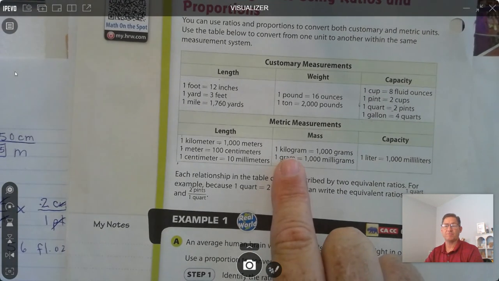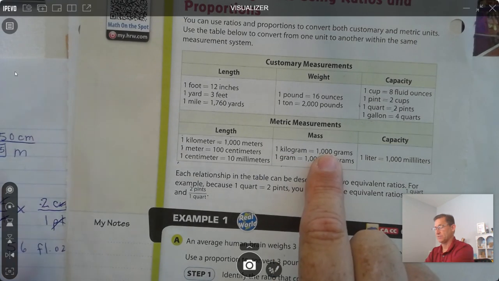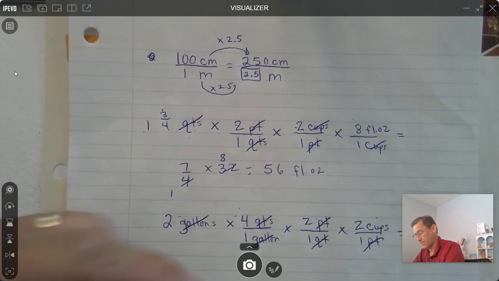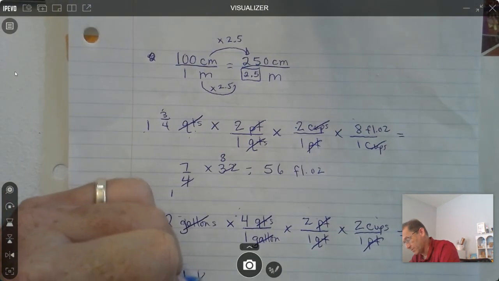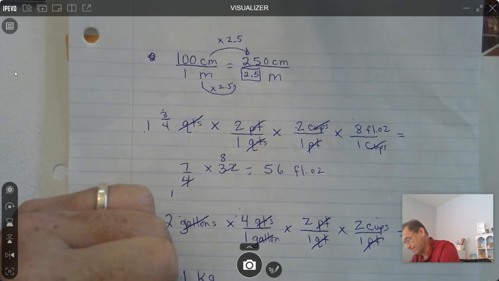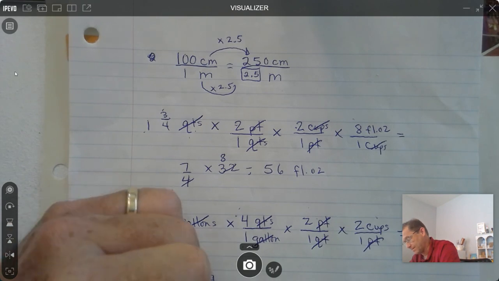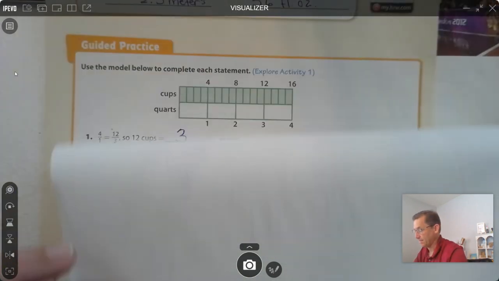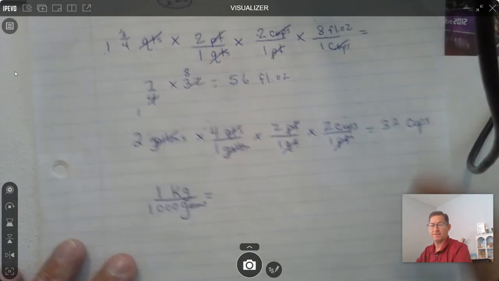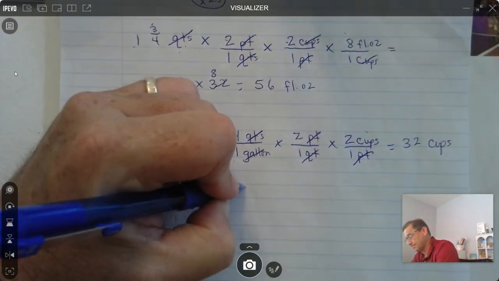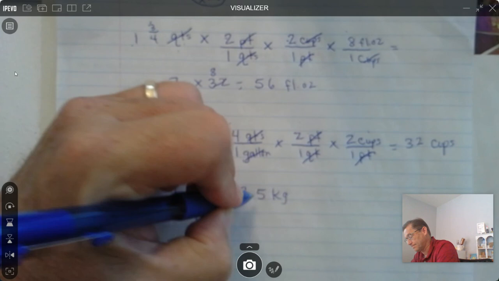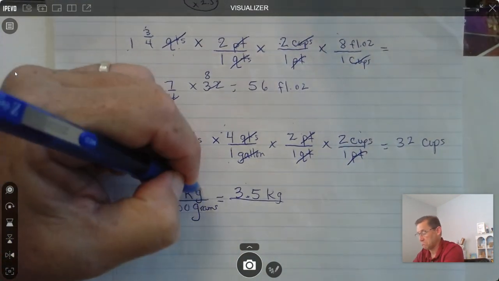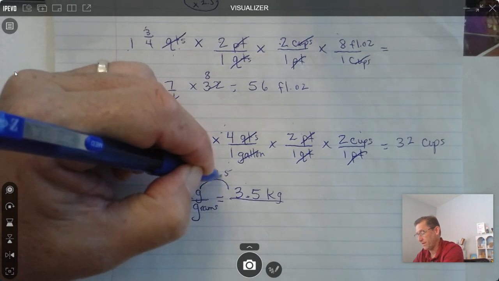Okay, well, that is a direct relationship, right? For every kilogram, there's 1,000 grams. So 1 kilogram is 1,000 grams. They gave us 3.5 kilograms. So what do we have to multiply the 1 by to get 3.5? 3.5.